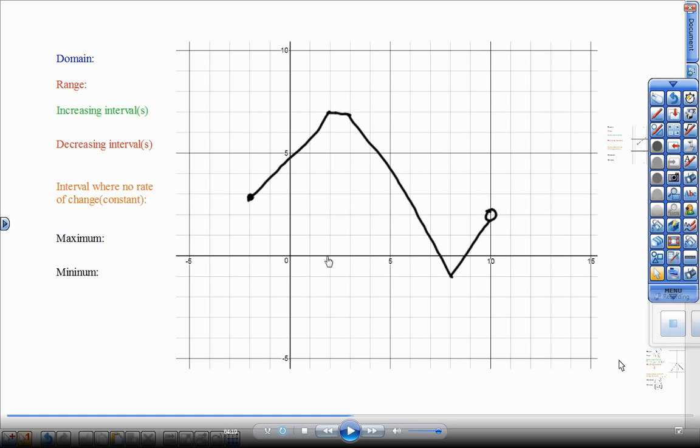This point is 2, 7, 3, 7. This point over here is 8, -1. And this point right here is 10, 2, open circle. So give this a try. I would like you to write this into your notebook. The more of these you can see, the better.